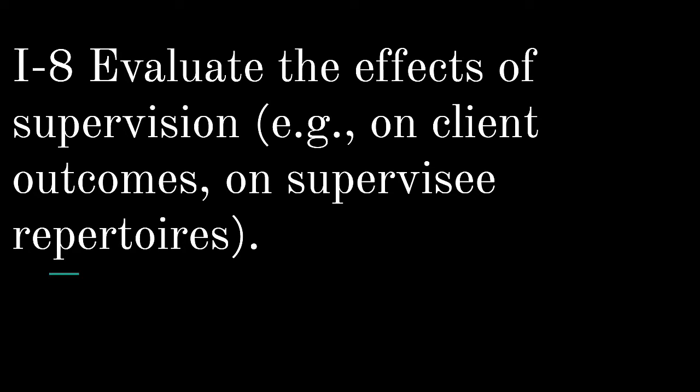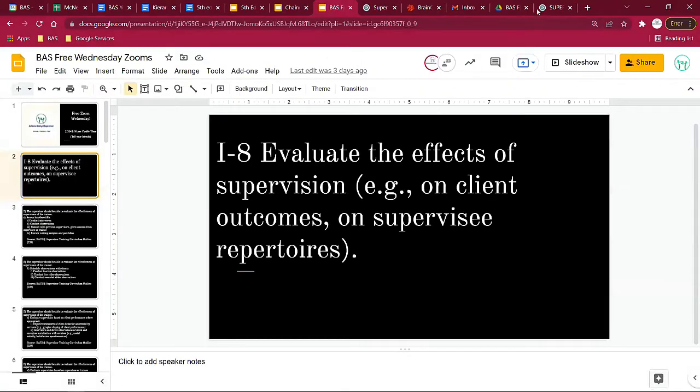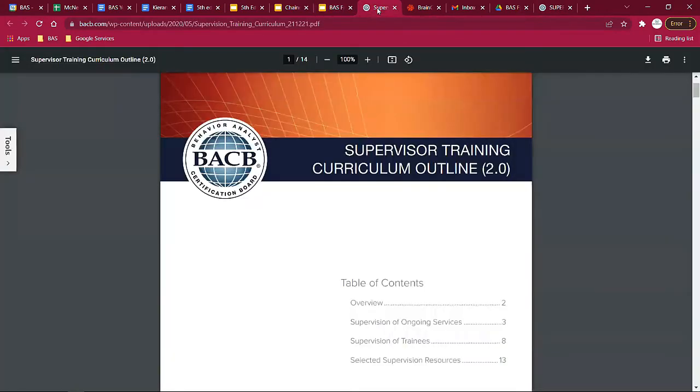There's actual examples, right? And I'm going to take you over to somehow it's a secret, and I'm not sure why, but on the BACB site, you'll find Supervision Training Curriculum Outline 2.0. So this is the outline that is necessary if you're going to take supervision, or you're going to be a supervisor. You have to take this 8-hour course that follows this.